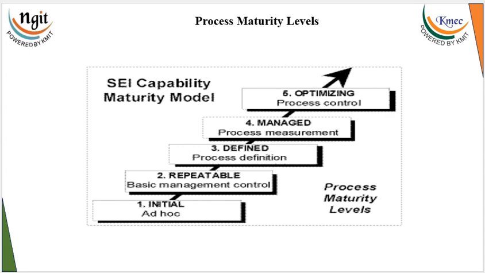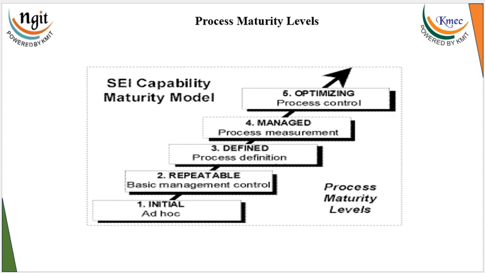Next, the repeatable process. Under the repeatable process, the organization needs to achieve a stable process. This stable process is under statistical control by initializing project management rigorously. This project management is responsible for commitments, costs, schedules, and changes that are taken into consideration.